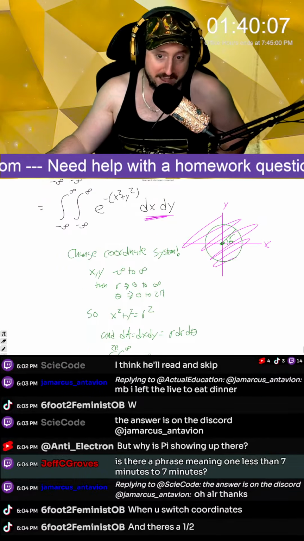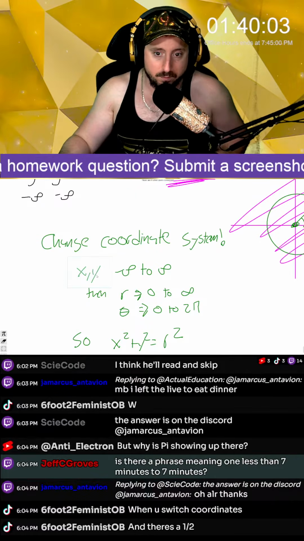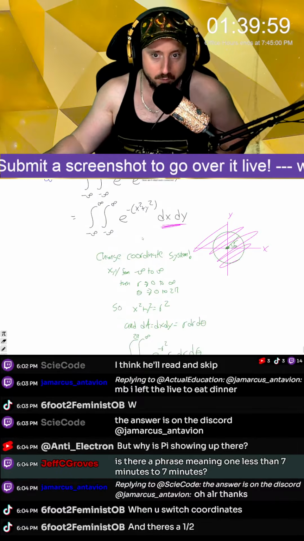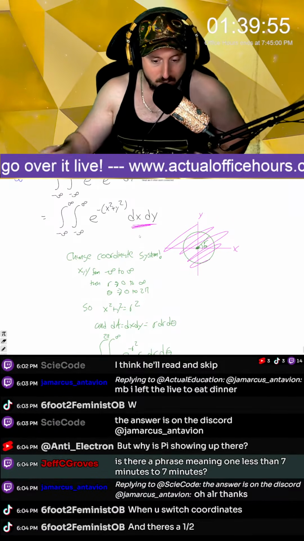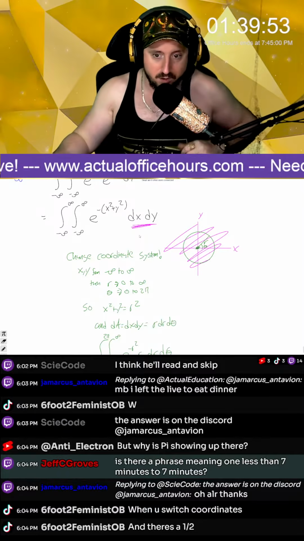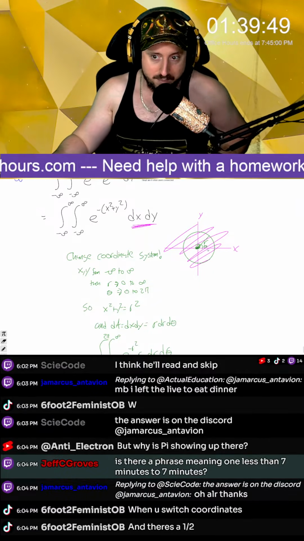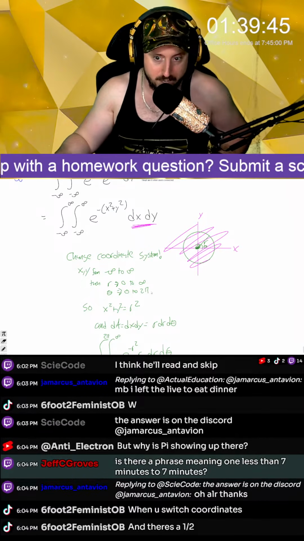And so when I do that, x and y used to go from negative infinity to infinity. Those were my bounds, okay? But in polar land, in order to cover the entire space, r now needs to go from 0 to infinity. And then theta, to cover everywhere on the 2D plane, needs to go from 0 to 2 pi.